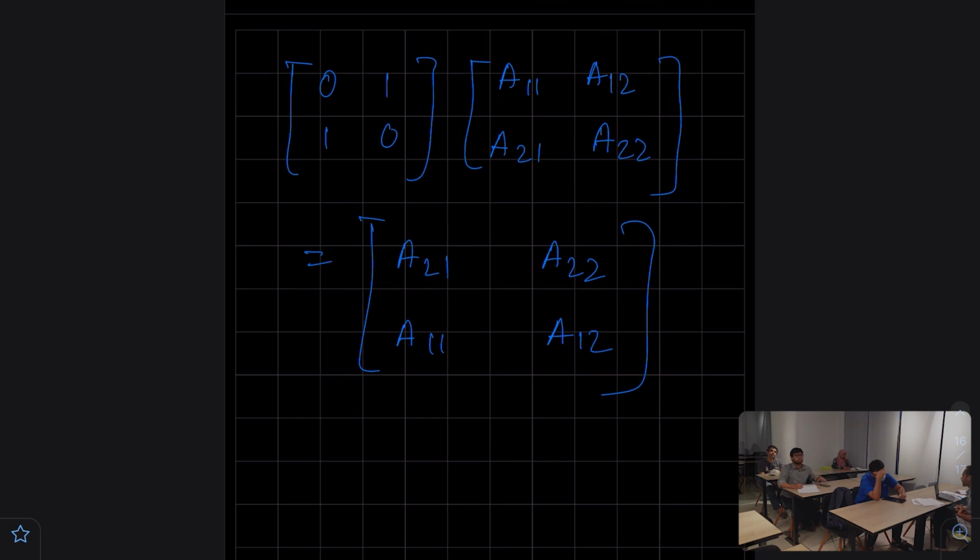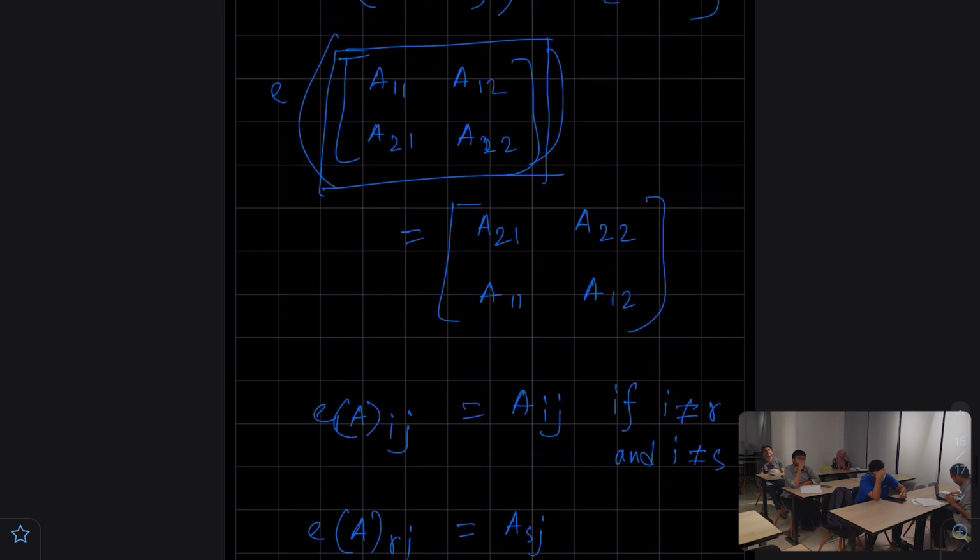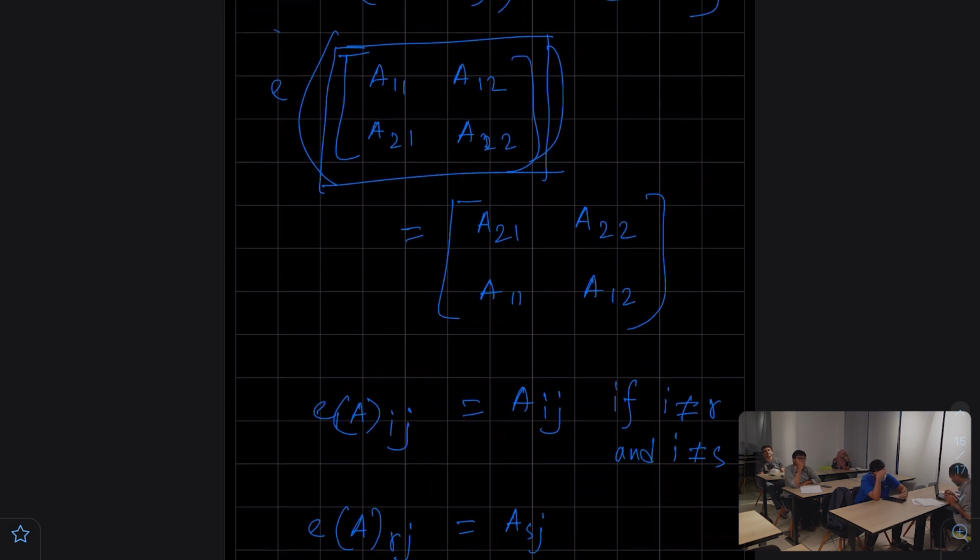So we define the elementary row operation as a function, but we can associate each elementary row operation with an elementary matrix, right? As you can see from this definition, after the application of the third elementary row operation on the matrix A, I got this matrix.